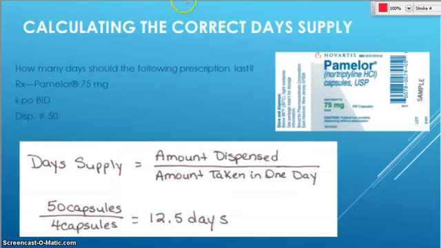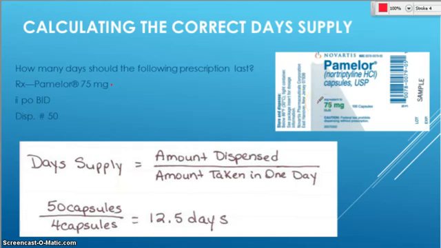Okay, calculating day's supply is something that a few of you have had some struggles with. A day's supply simply means how long will the medication last if the patient takes it the way they're supposed to. So this particular prescription is saying that the patient needs Pamelor 75 milligrams. I go to my shelf and that's what I've got.